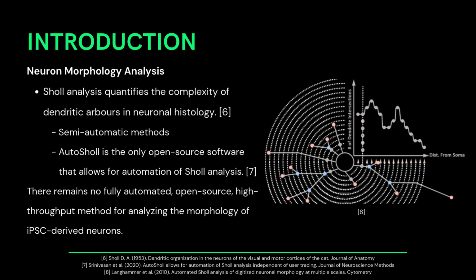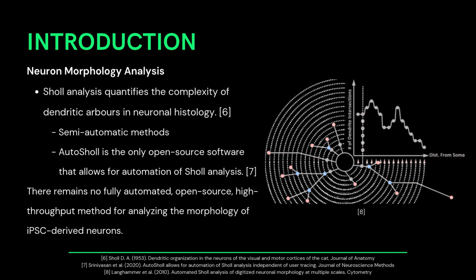And Scholl analysis is currently done mainly using semi-automatic approaches that aid tracing of the neurons, or using AutoScholl, which is a technique that automatizes Scholl analysis from segmented neurons. However, there is currently no fully automated open source high throughput method for analyzing the morphology of iPSC-derived neurons.